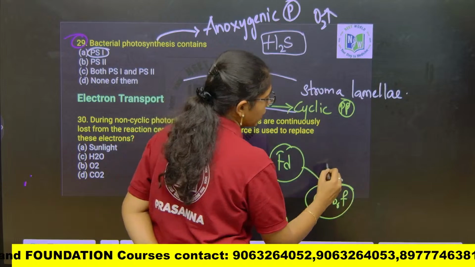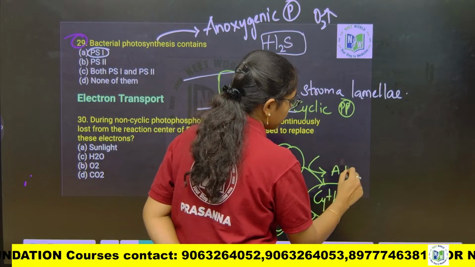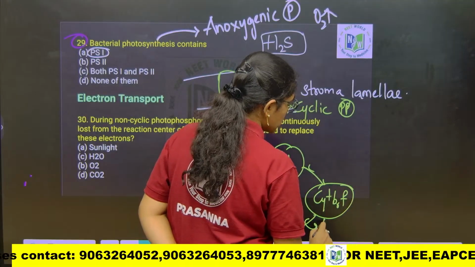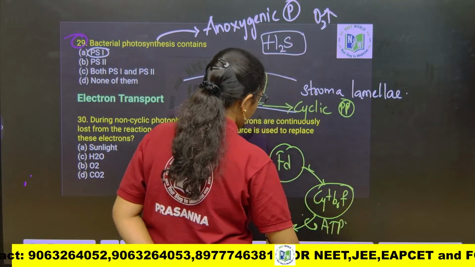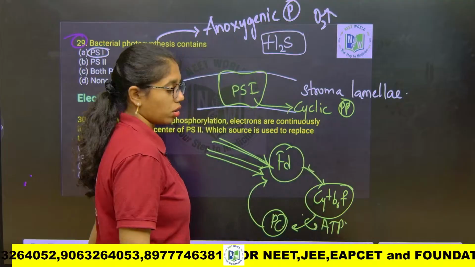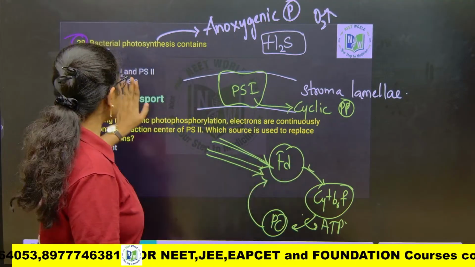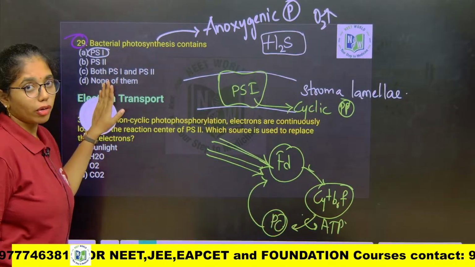In this way, ATP is synthesized, and from plastocyanin the electron goes back to ferredoxin. This is the cyclic photophosphorylation that happens in bacterial photosynthesis.